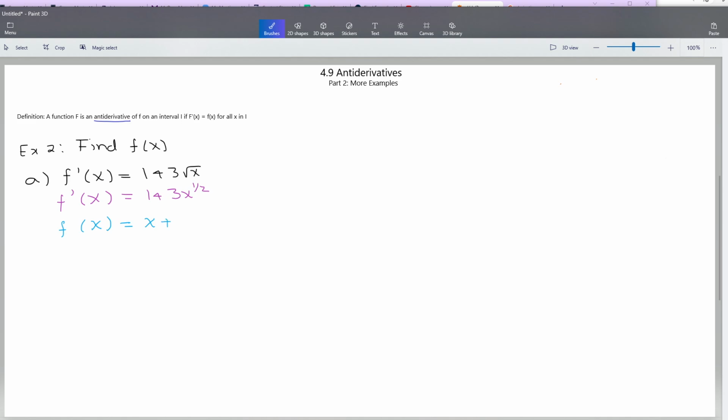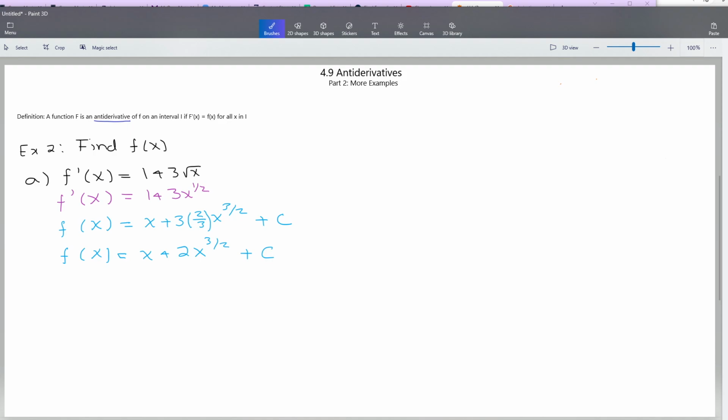Plus 3. Now if I add 1 to the exponent, or 2 over 2, this is going to give me 3/2, right? And I want to multiply by the reciprocal, or 2/3. So when I simplify that coefficient, plus my constant, I'm going to have 2x to the 3/2 plus c.